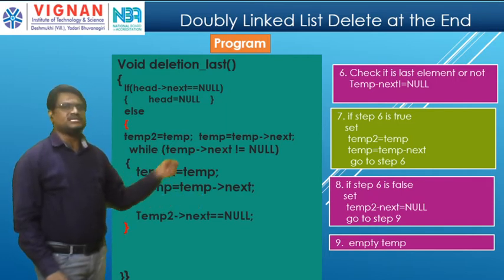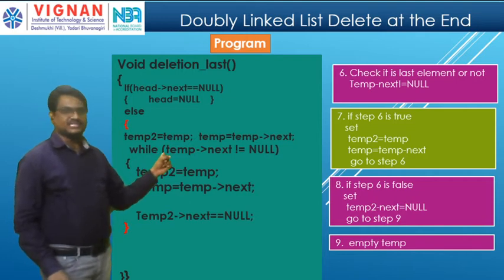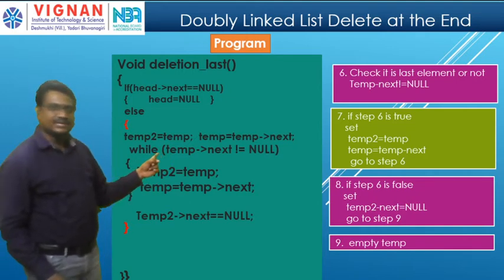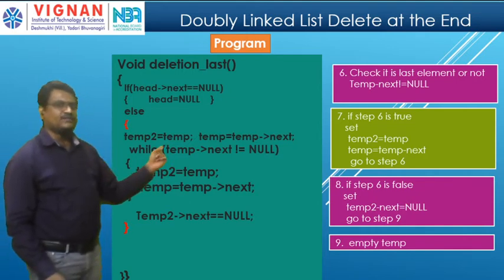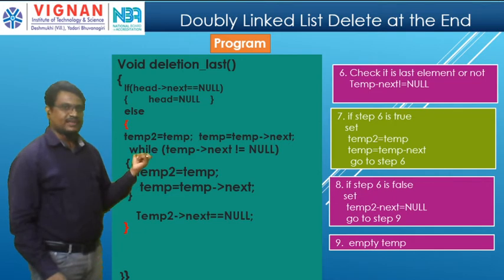This process will be executed until I find the last element. So here the 7th step again goes to the 6th step. Again I am checking whether it is the last element or not. If it is not, it will go to the 7th, but again it will go to the 6th step. So that's why I used the while. Am I right?